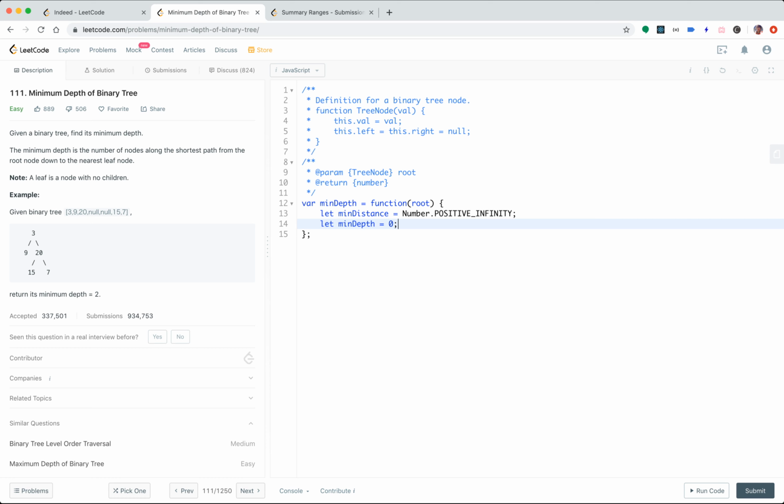How should we do the DFS? We'll use recursion, right? If we use recursion, is it okay?